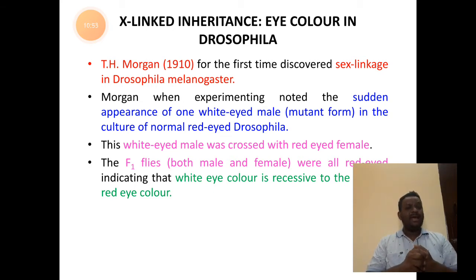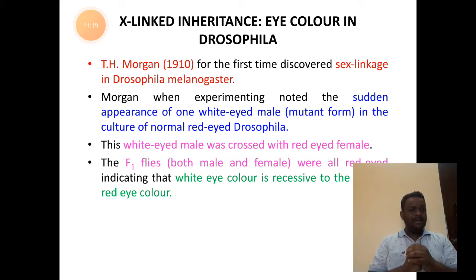In his experiment with red-eyed Drosophila, he suddenly found the appearance of a white-eyed male in the culture of normal red-eyed Drosophila. The white-eyed male was taken out and crossed with a red-eyed female.